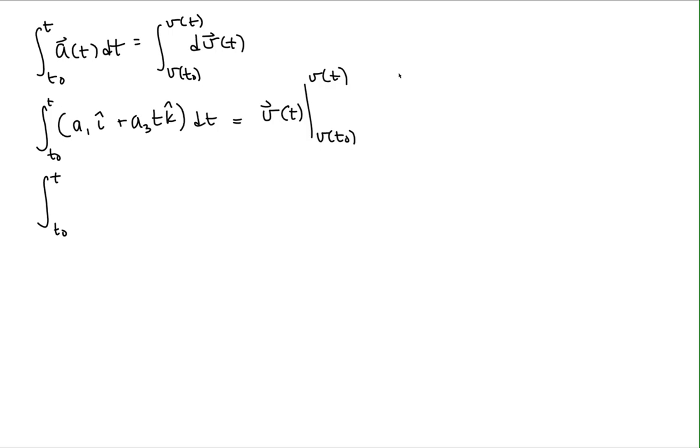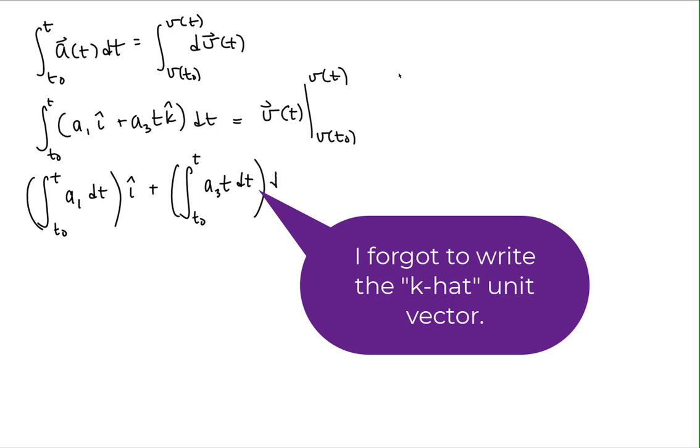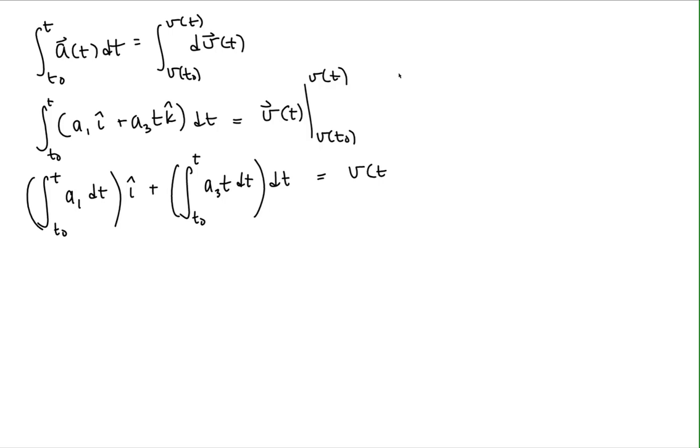For the x component, we have the definite integral of a1 with respect to time. For the z component, we have the definite integral from t naught to t of a3 t dt. Notice the z component is a linear function of time. That is equal to the velocity evaluated at t, which is our function of t, minus the velocity at the initial time t naught. And remember, t naught is equal to 0.